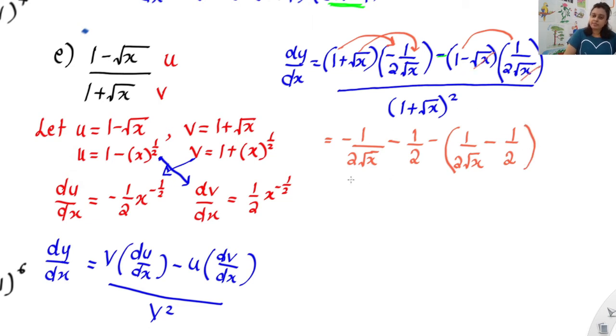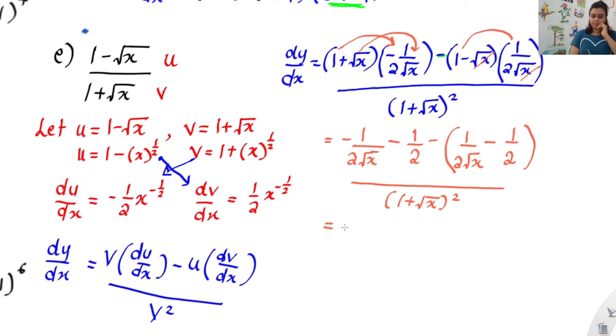Now the denominator. Usually this is the advice that is given: you do not expand the denominator, especially if you use the quotient rule. Just leave it like that. Because if you expand, sometimes even though the power inside is 2, let's say it's power 6 and all, it's going to be hard. Up here, open up the bracket.